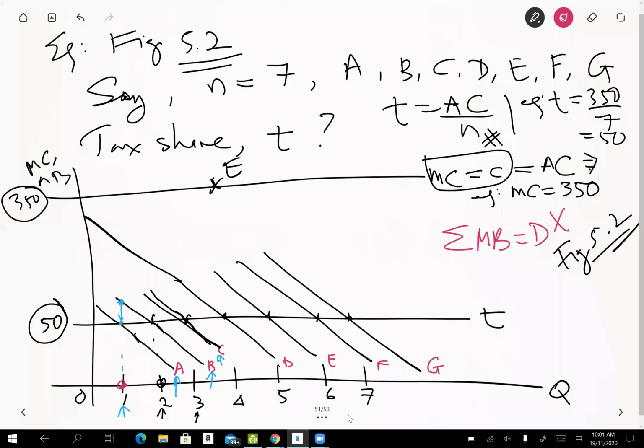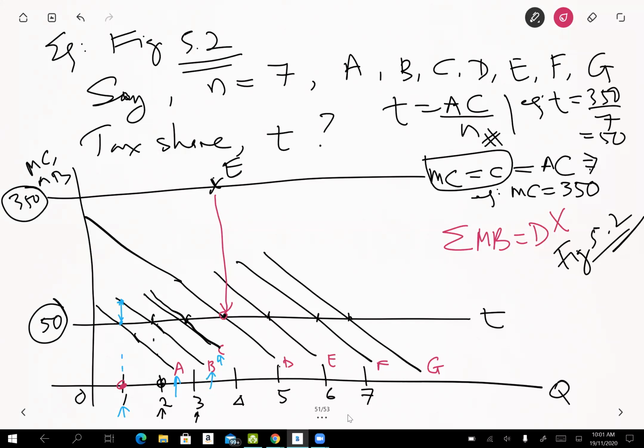If you recall the model, the equilibrium output level is equal to 4.